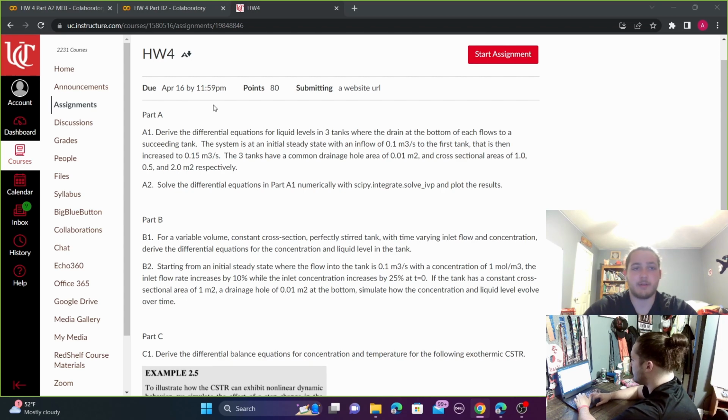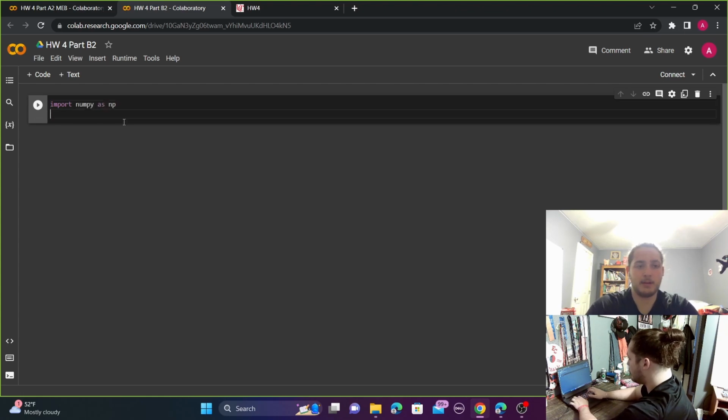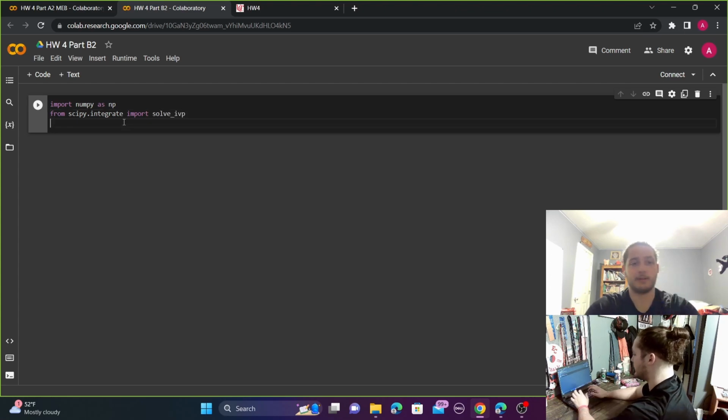So to start this one, we are going to head over to Colaboratory and import numpy as np, and we're going to go from scipy.integrate import solve_ivp so that we can solve our differential equations.